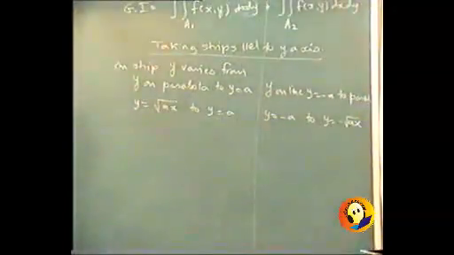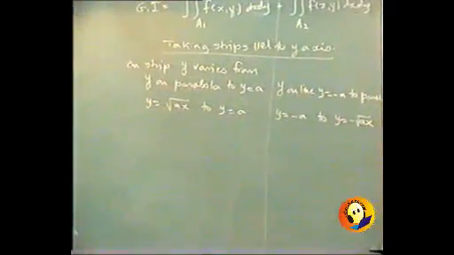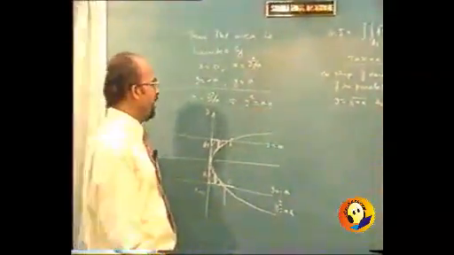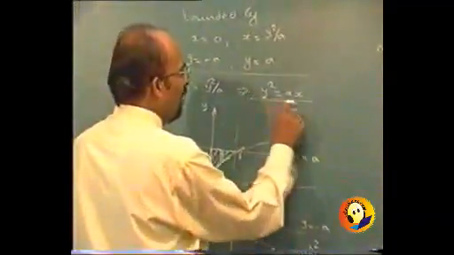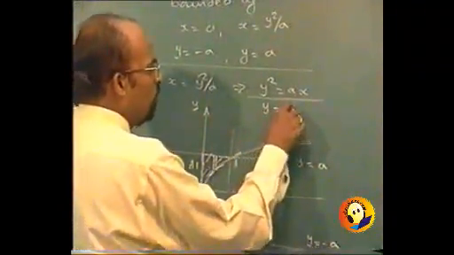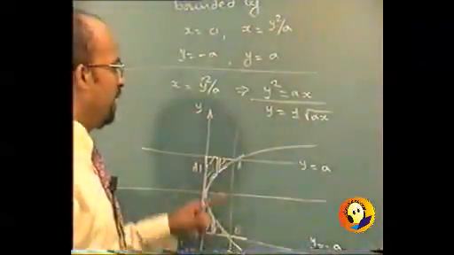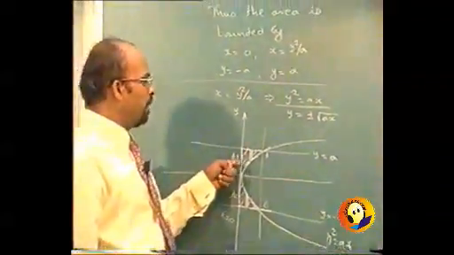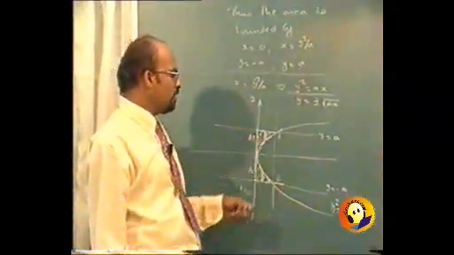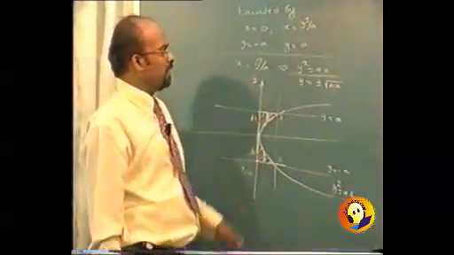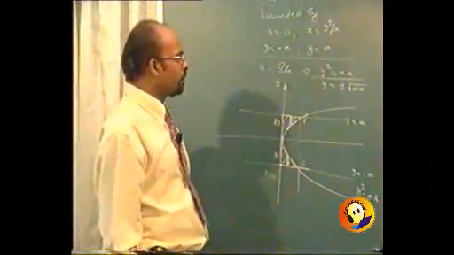This is obvious because the equation of the curve was y square equal to ax, and when you try to find y from it, it will be y equal to plus or minus root ax, and it will be your responsibility to check whether you are considering plus root x, that is in the first quadrant, or minus root x, that is in the fourth quadrant.